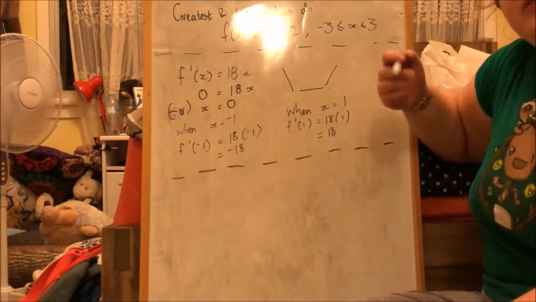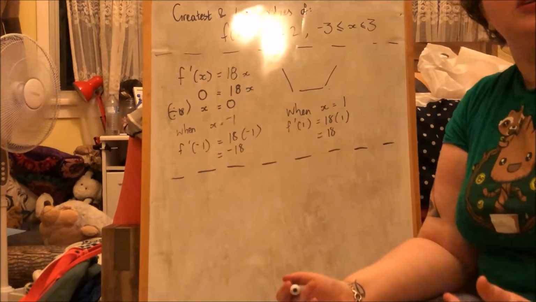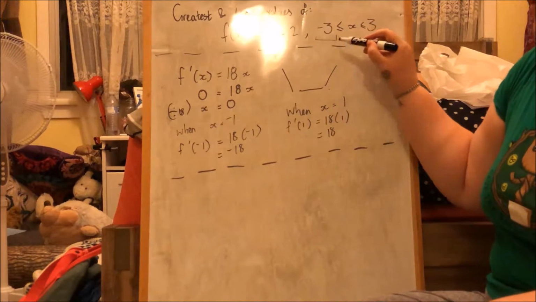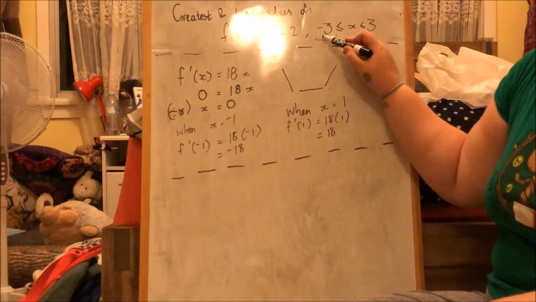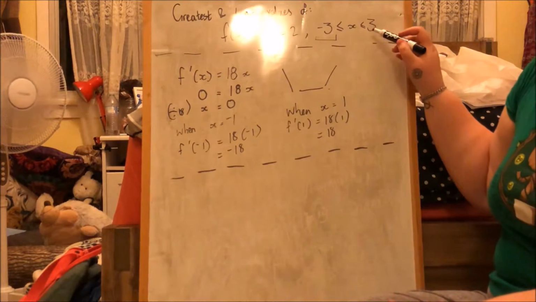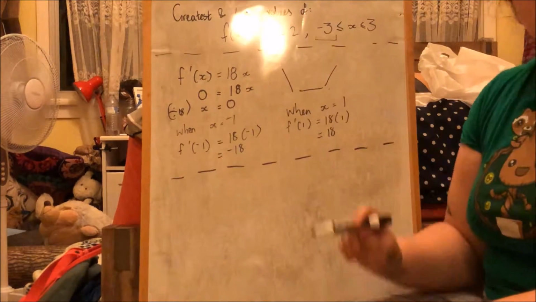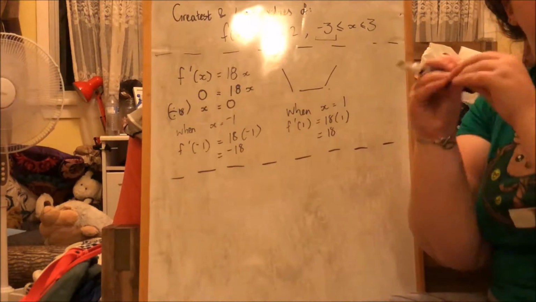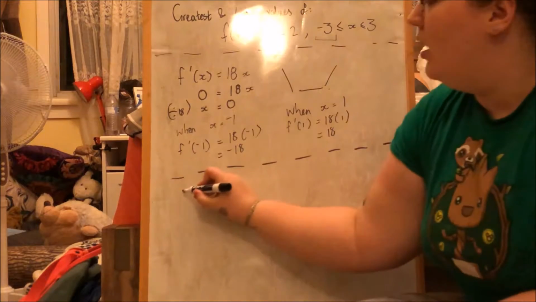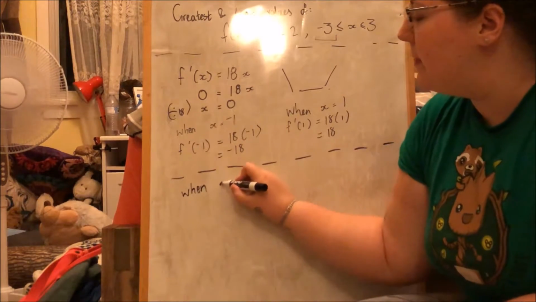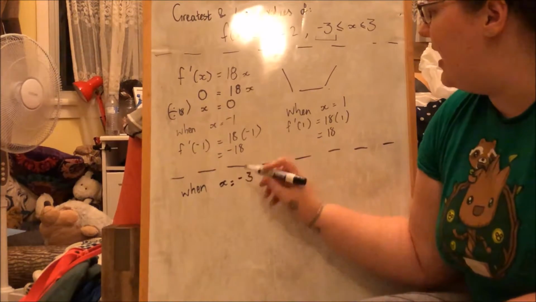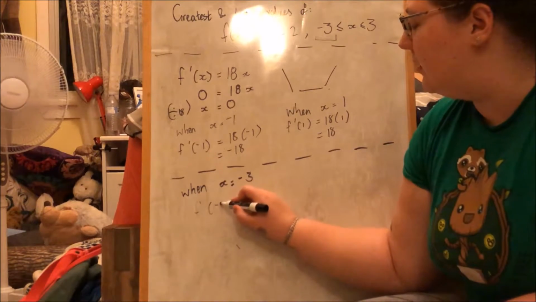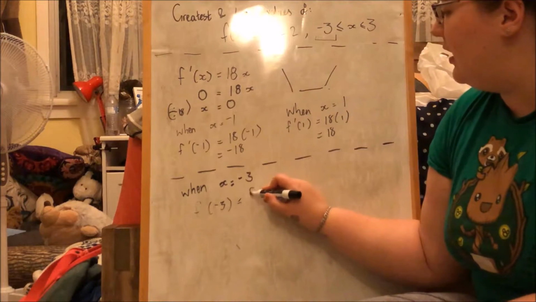To find the boundary points, essentially what you need to do is put both of the boundary points, so x is -3 and x is 3, into the original equation, figure it out, and that will tell you what your y value is, which will tell you the coordinates of that point.